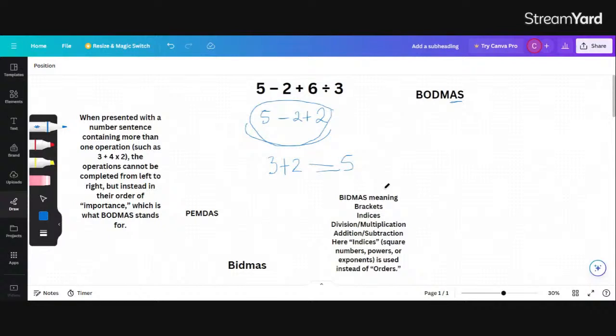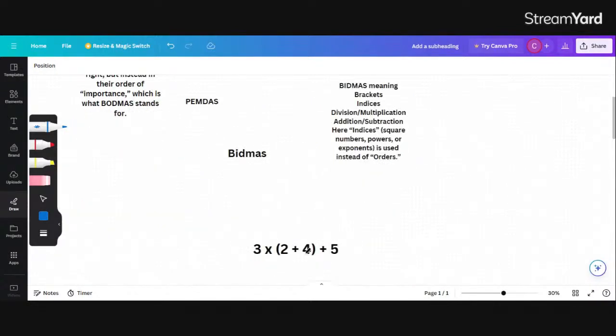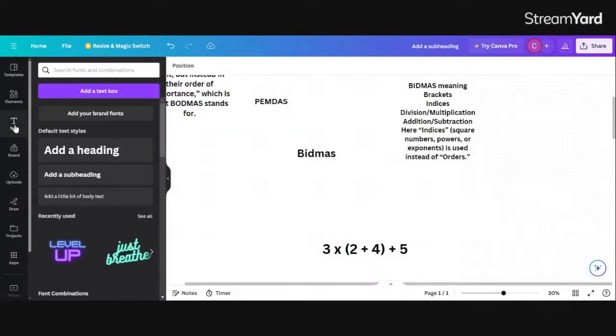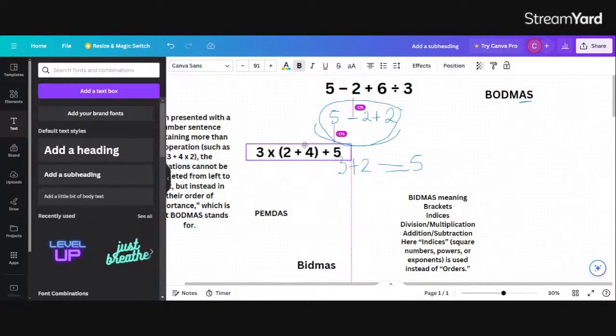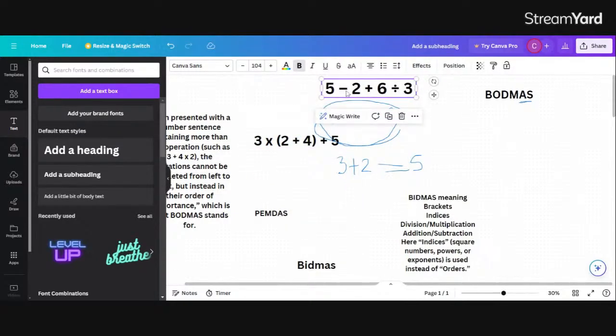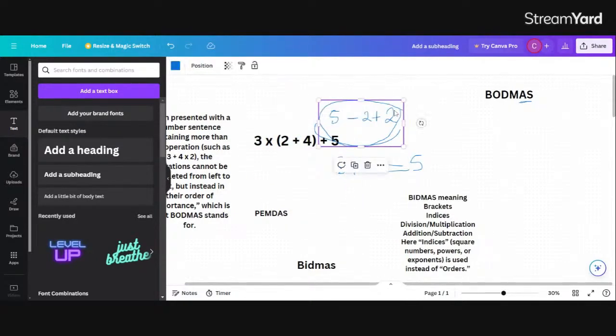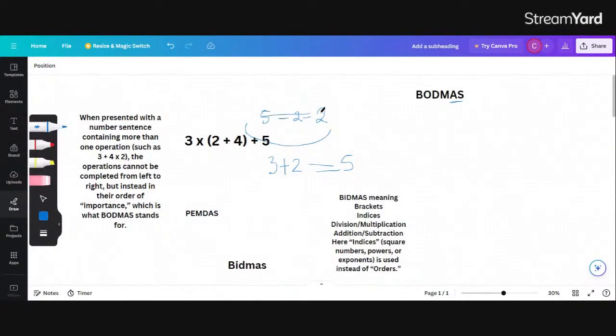Okay. So let's go for one more problem where we have brackets and indices. So this one is gone. Let me clean this part.